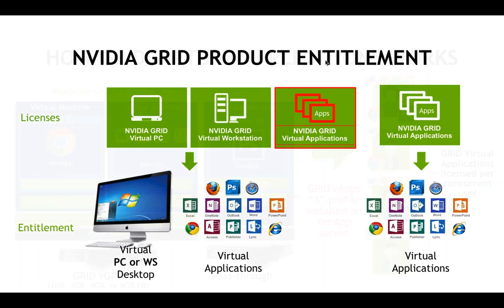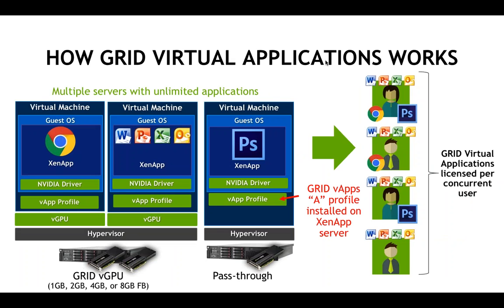So let's take a look at how this looks in the real world here. On the left-hand side, down here, we've got our hypervisor with our GRID boards. Now, with virtual applications, we have the ability to do a couple of different things. We can use a 1 gig, 2 gig, 4 gig, 8 gig, the entire GPU, and pass that through to the virtual XenApp host.